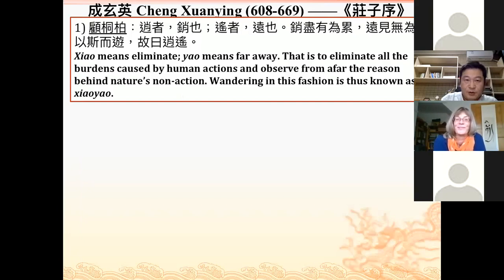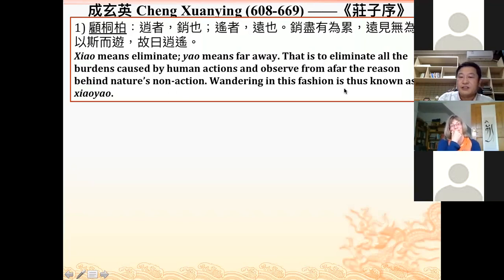For example, this is a 4th century commentator, Guo Xiang. He understands xiao as eliminate, and yao as far away. So that is to eliminate all the burdens caused by human actions and observe from afar the reason behind nature's own action.